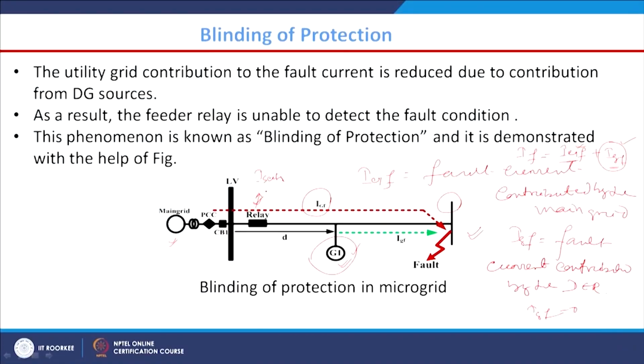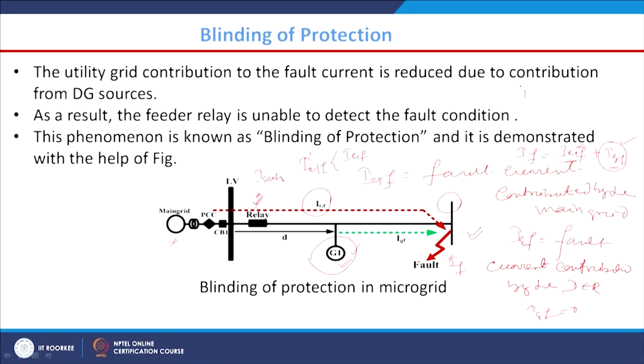As a result, this fault current will remain constant even if we integrate 2 or 3 DGs. So, to meet this IF, the grid contribution after connecting this DG will reduce in comparison to your IGF.